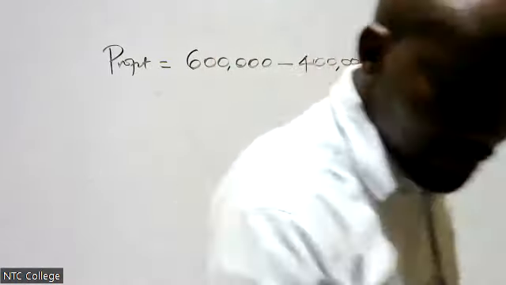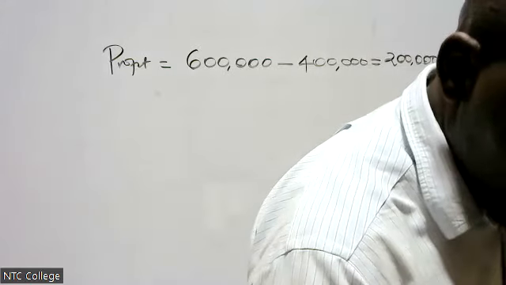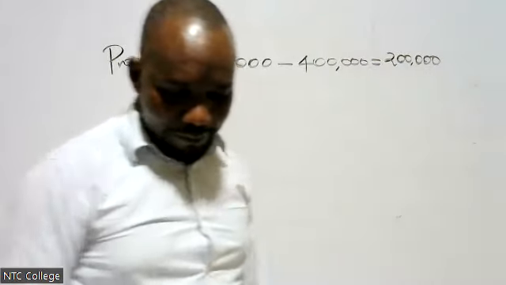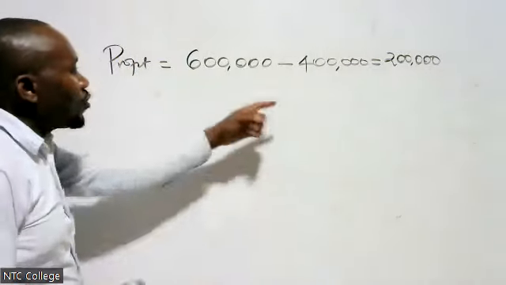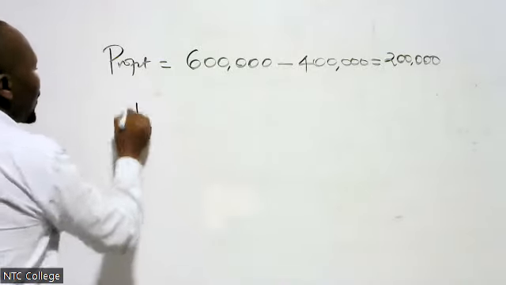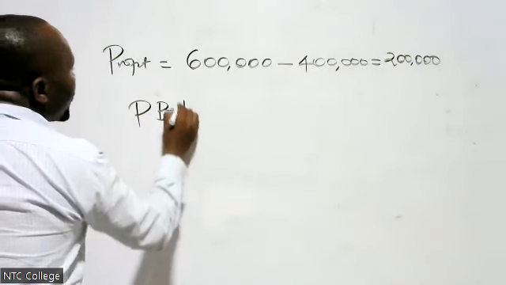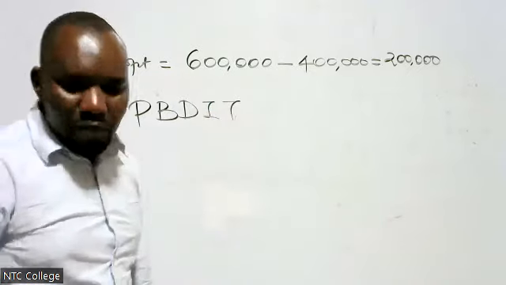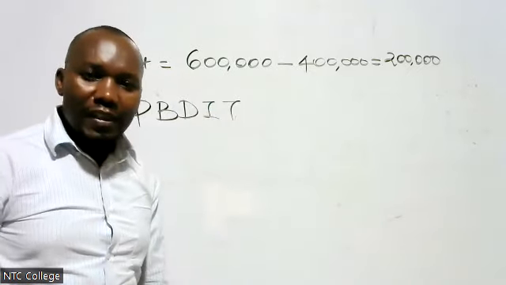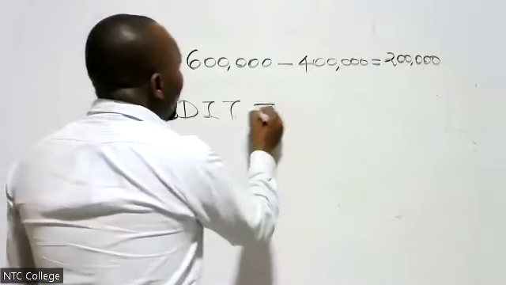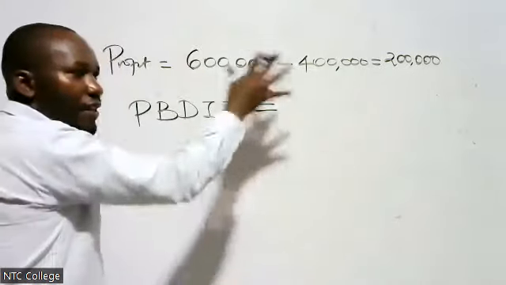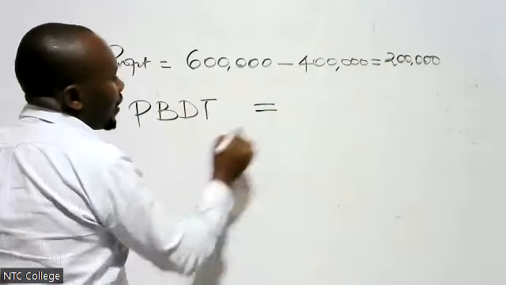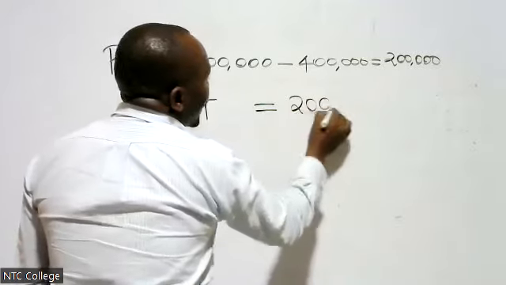200 is our profit before depreciation, interest, and tax. But because we don't have any interest anywhere, we can call it before depreciation and tax is 200,000.